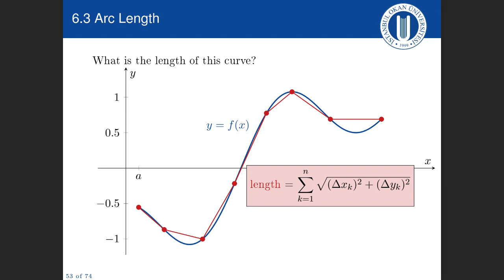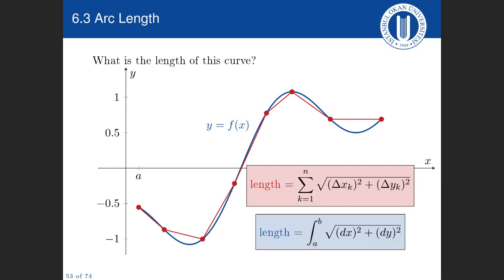Take the limit of the Riemann sums, sum changes to integral, delta changes to d. The length of this blue curve is the integral from a to b, the square root of dx squared plus dy squared.